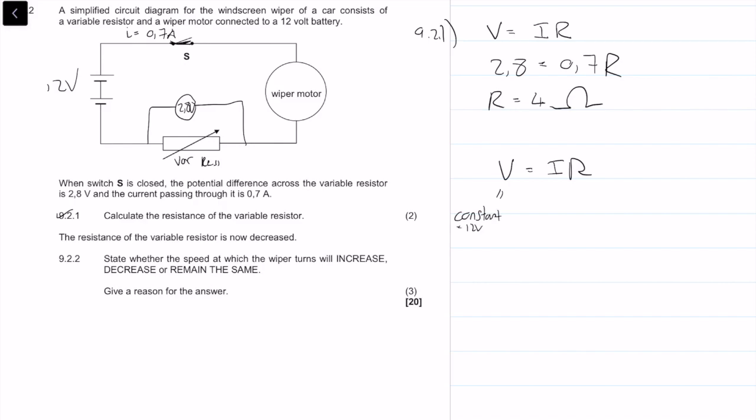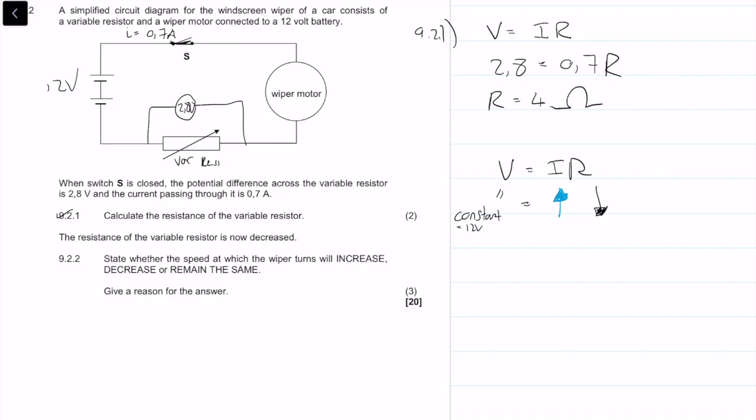So if V is constant and R decreases, then to keep V constant, I would have to do the opposite thing. It'll have to go up. So the current through the wiper motor would increase, and therefore our power would also increase, so the motor would turn faster.